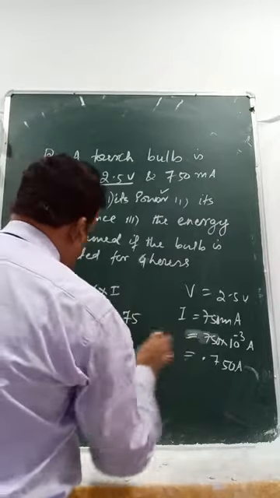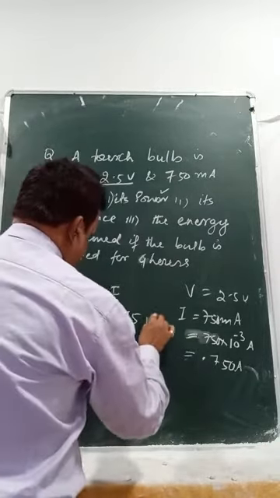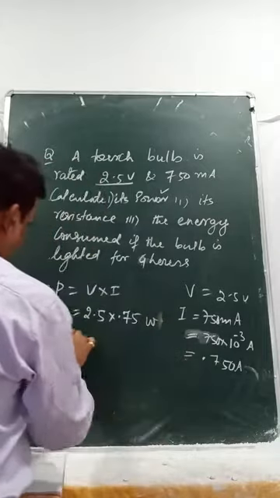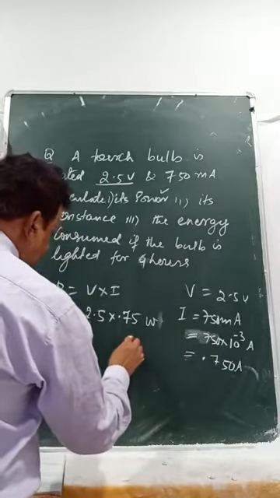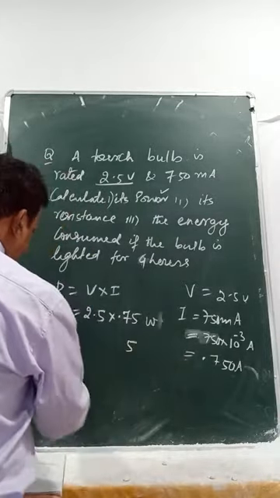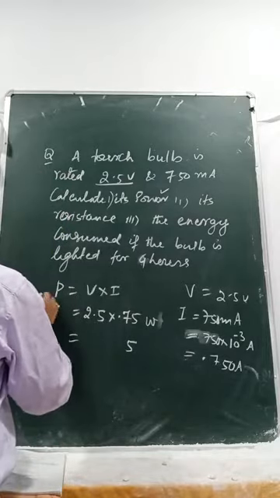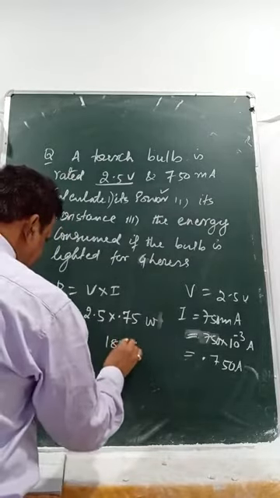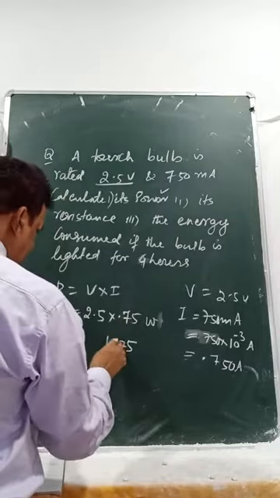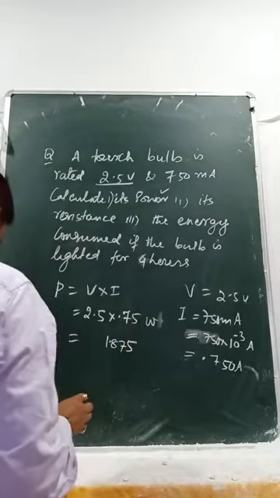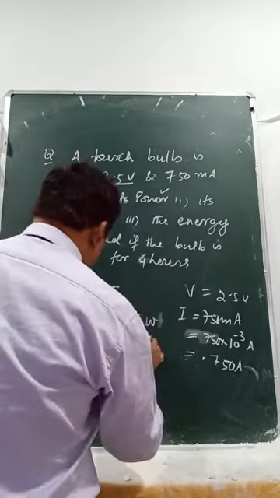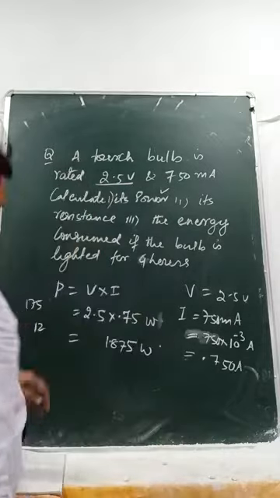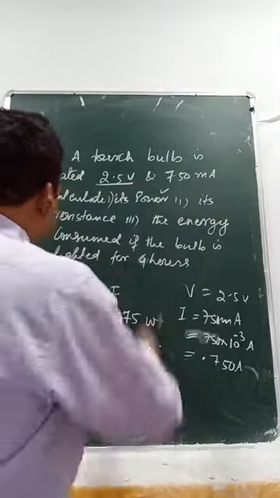The zero on the right side has no value. Power is in watt. So 5 5 are 25, 125, 187. After decimal 3 digits, 1.875 watt.